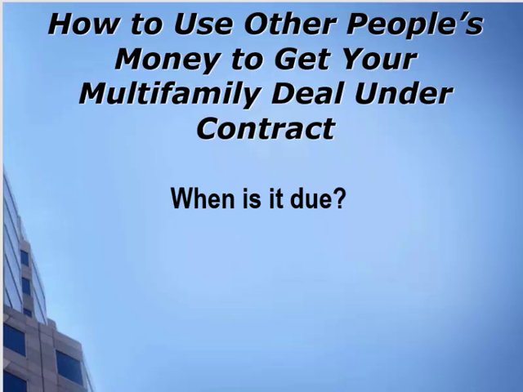Now, here's the thing: when we start putting together the purchase and sale agreement for you, we define the effective date as the date that you receive all of the due diligence information from the seller. That means that the seller has to get you all the items that we've asked for.